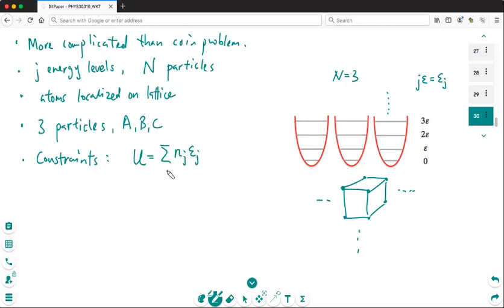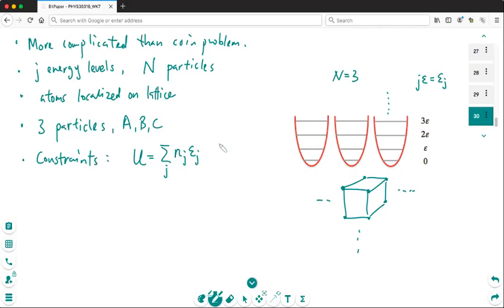So I will send someone to walk around this lattice and ask how many particles in total are in the ground state. The ground state here turns out to be 0, so I don't count. How many of them will be in the energy level epsilon? If there are 2, then I will have 2 times epsilon contribution. And then I keep asking this question.